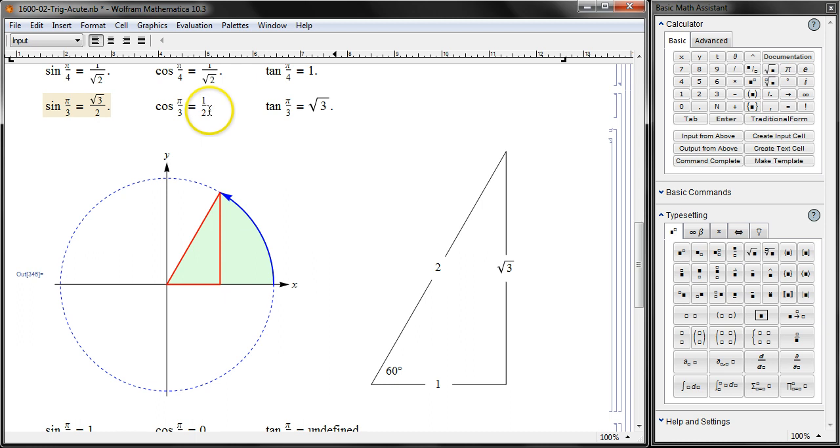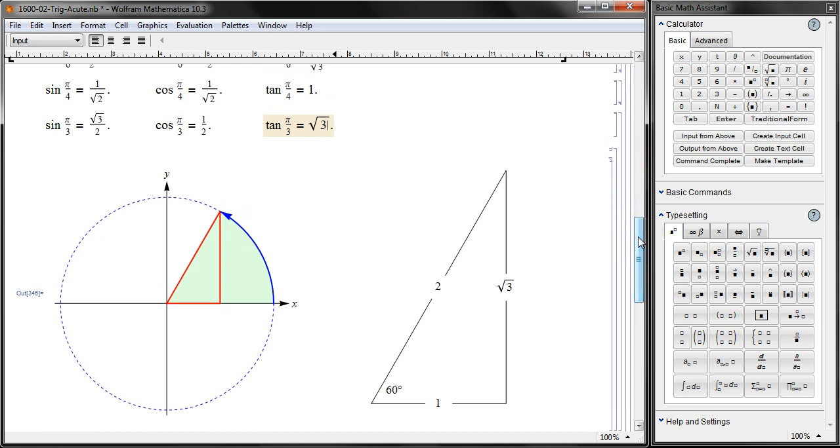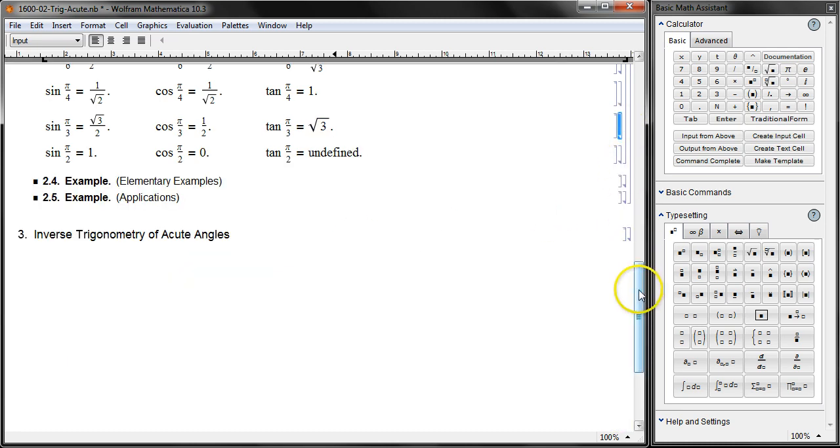Cosine is 1 over 2, and tangent is square root of 3 over 1. Just remember the definition and put this picture with all those lengths and angles into this circle and you can easily deduce them.